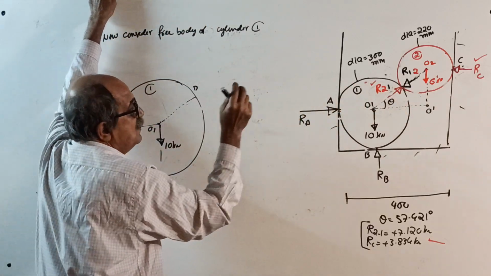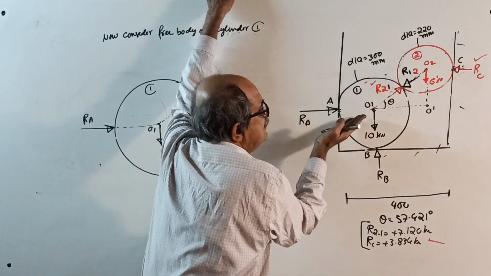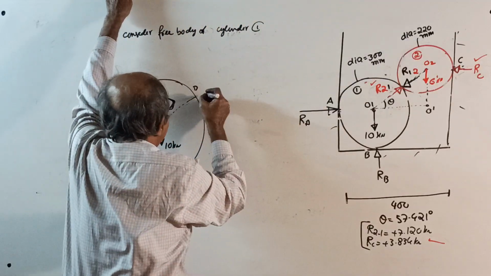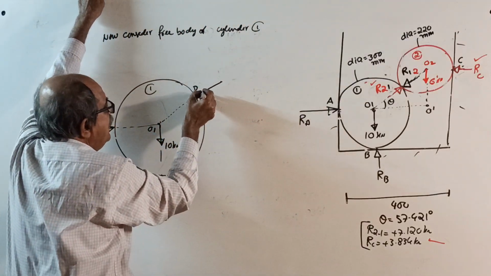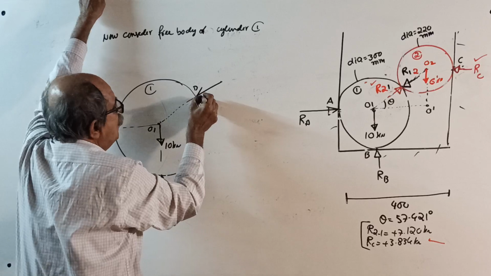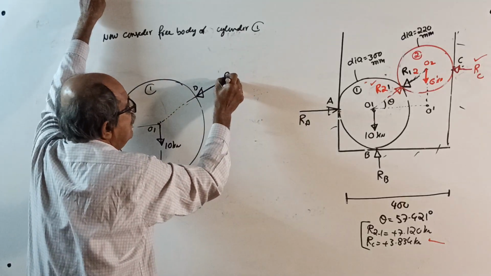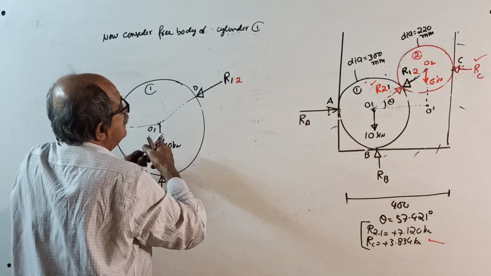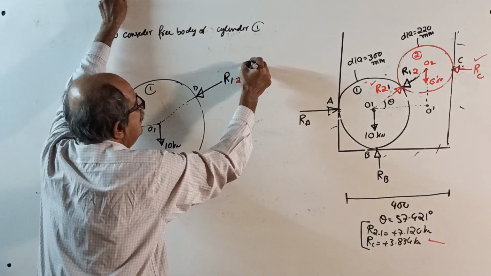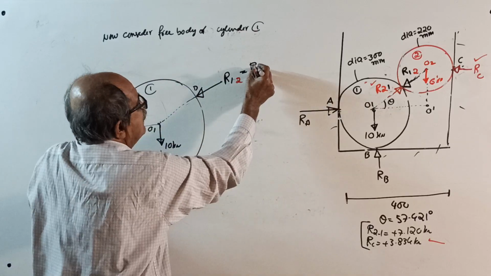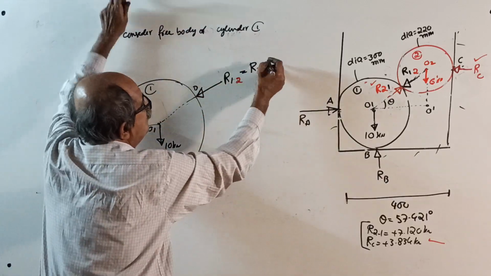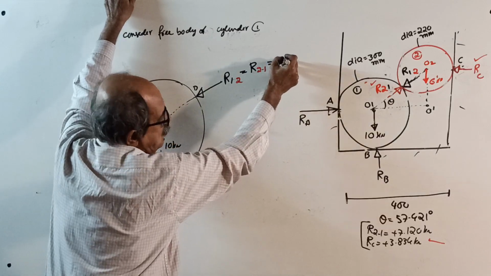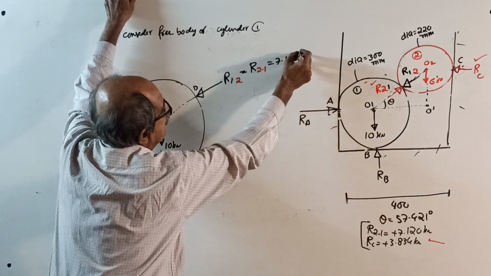Along this line, for that cylinder, this is the force acting. A force acting this way, black color force, on cylinder 1 from cylinder 2, equal to R21, equal to 7.120 kilonewton.